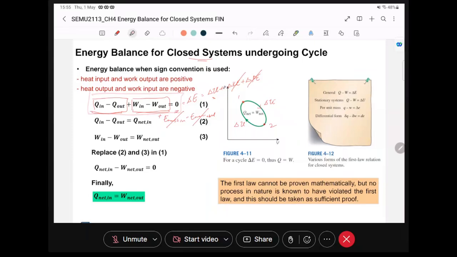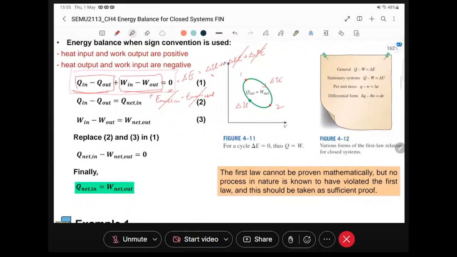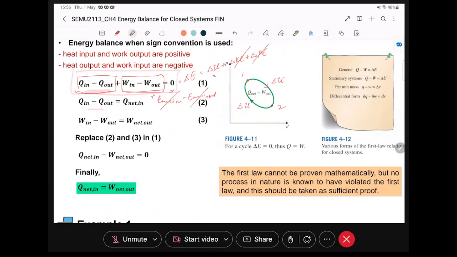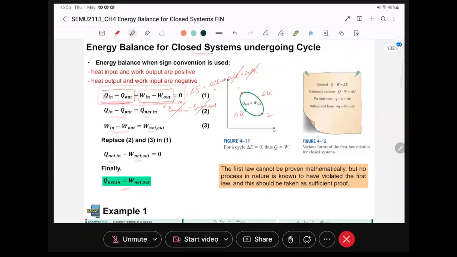If we call the difference between Q in and Q out the net heat, and work in minus work out the net work, then the net heat and the net work will always balance. This is what happens in a closed system that undergoes a cycle. Very important, cycle. If it's not a cycle, this will not be 0.